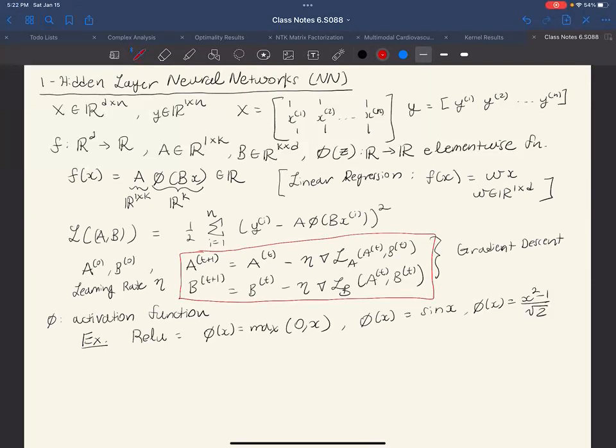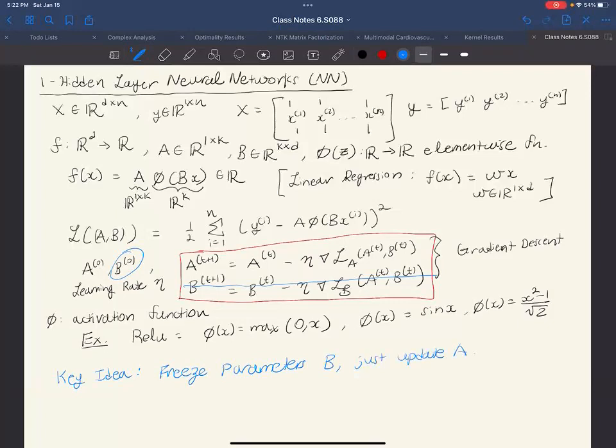When we run gradient descent, we just select an initial value b naught and don't run the second equation. This is called freezing the parameters b naught, and we're just updating a naught to fit the data. So the key idea as a first step is to freeze parameters b and just update a.